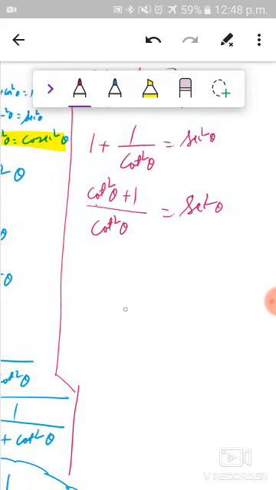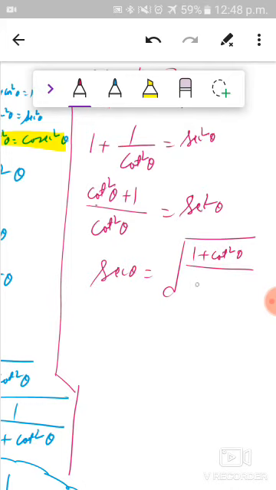Further I can write sec theta is equal to the square root of 1 plus cot square theta by cot square theta.